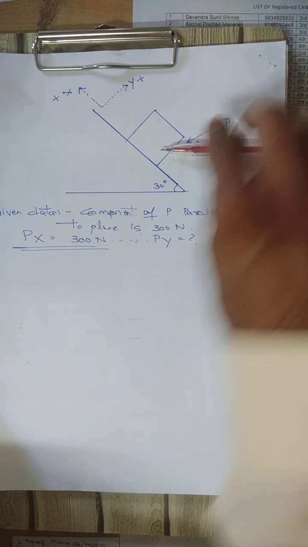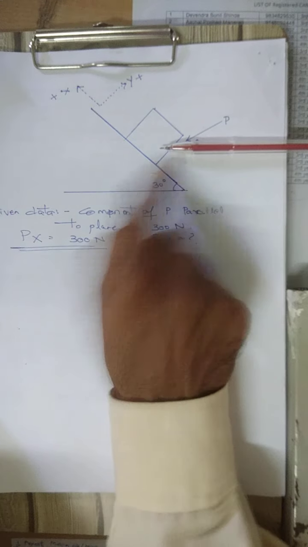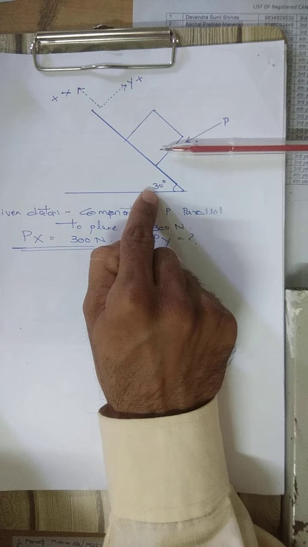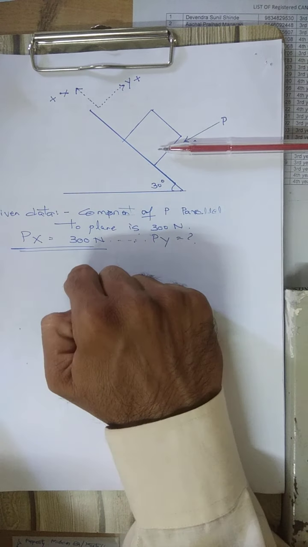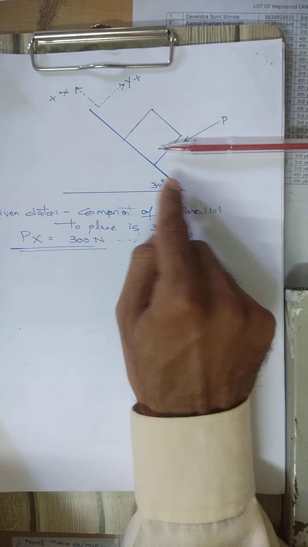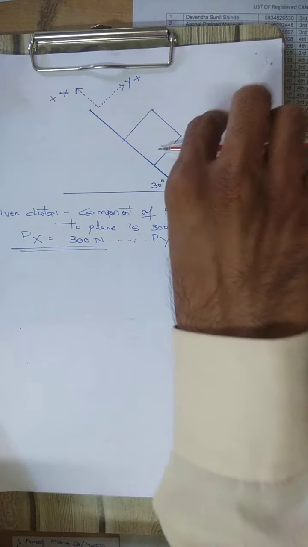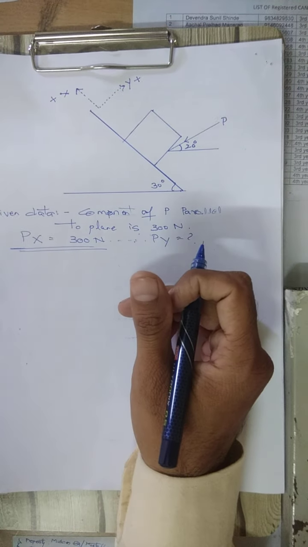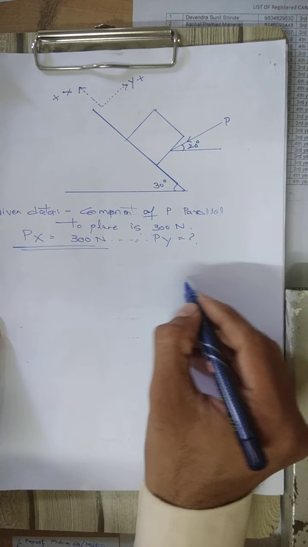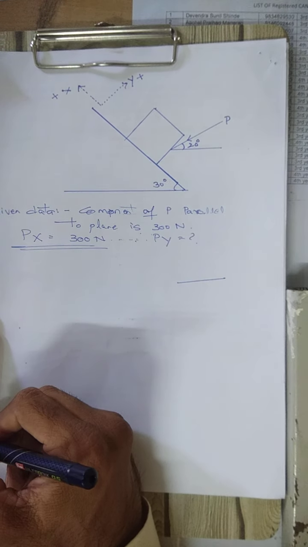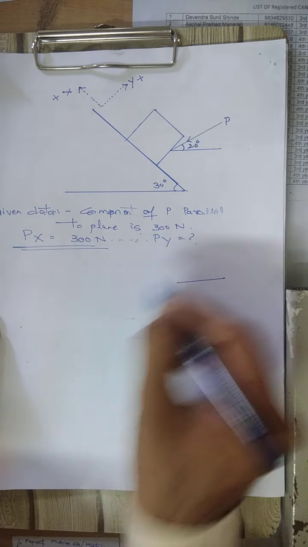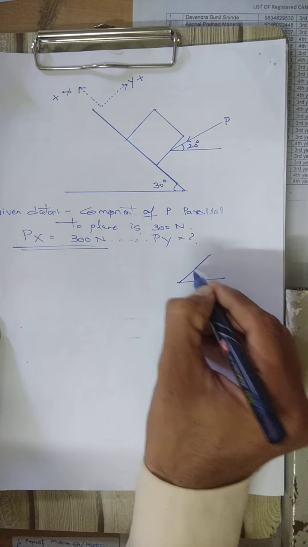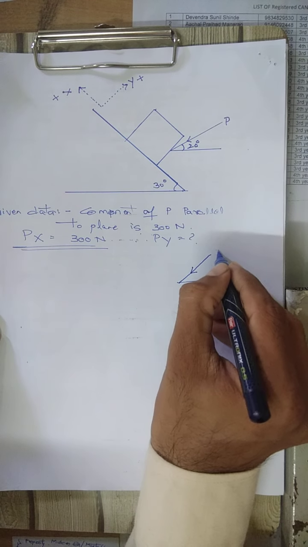That means this 30 degrees angle will also be transferred here, so that the total angle will be the angle made along the x and y axes. I am drawing a separate figure for this. So here there is a force, and this force is making an angle of 20 degrees.